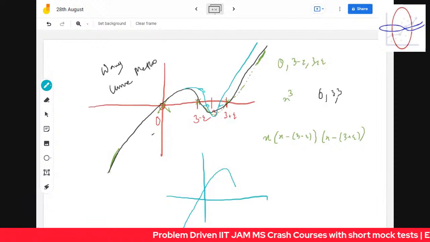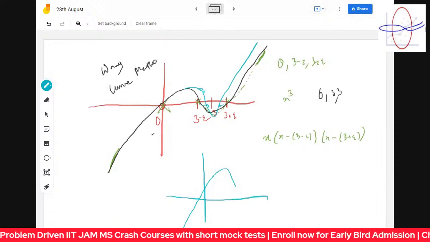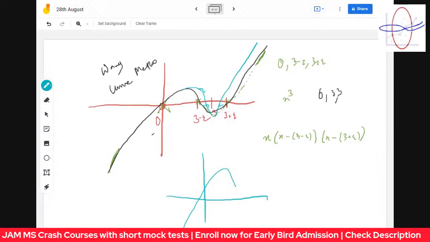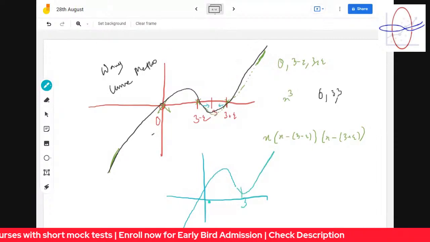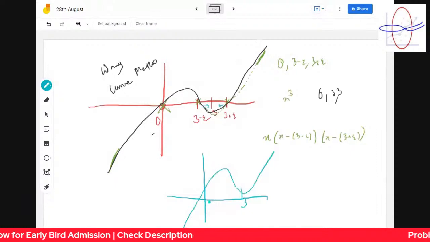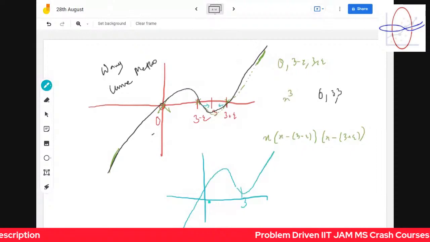So it will look like it's kissing the surface at 3, and it's going above. And that's how x into x minus 3 whole square looks. We have done it by the wavy curve method, and it's very important to understand this method for curve sketching.